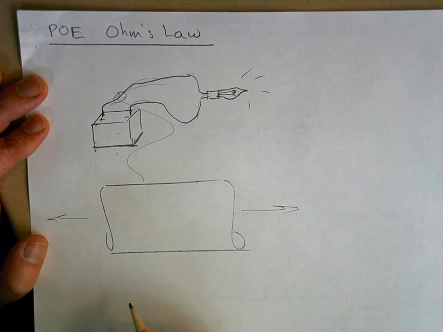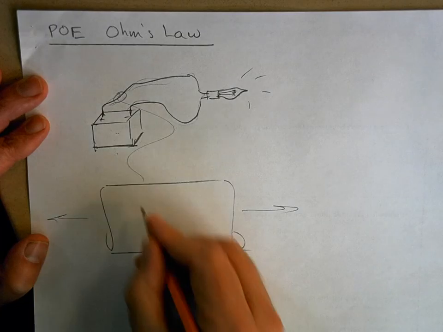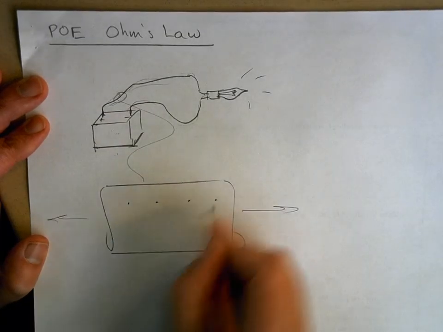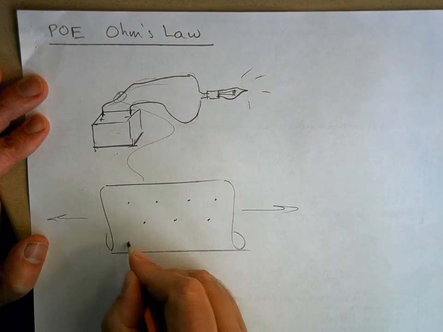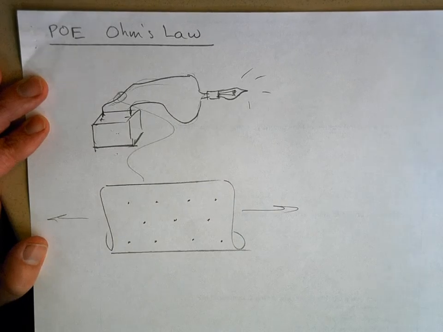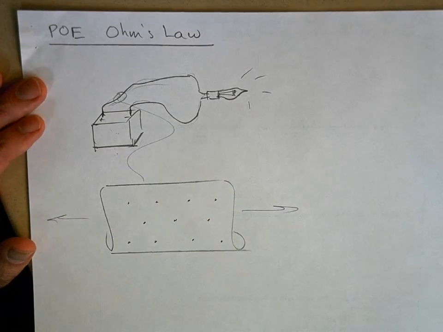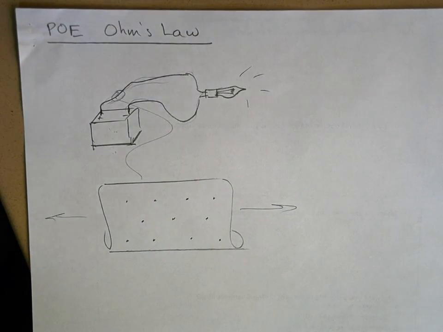There are atoms, copper atoms. So I'm just going to draw a few representative copper atoms. These are the nuclei of the copper atoms. Now, surrounding the nuclei of the atoms, you have electrons, right? You learned about that in chemistry. Electron clouds, energy levels, and stuff like that.